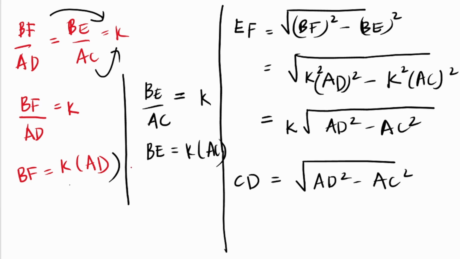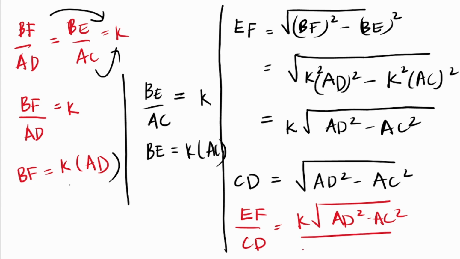So I will take the ratio of EF by CD. You have K into root of AD square minus AC square divided by root of AD square minus AC square. The common terms we will cancel, you will get K.